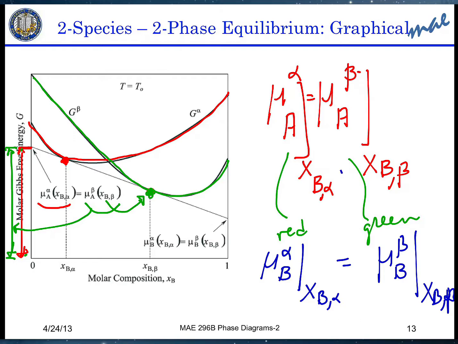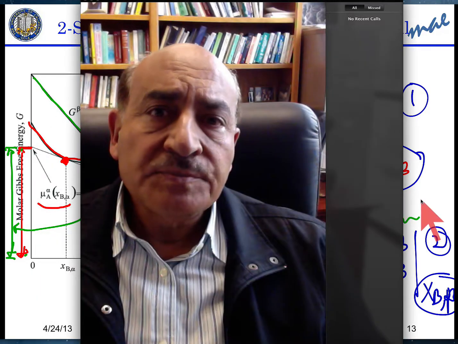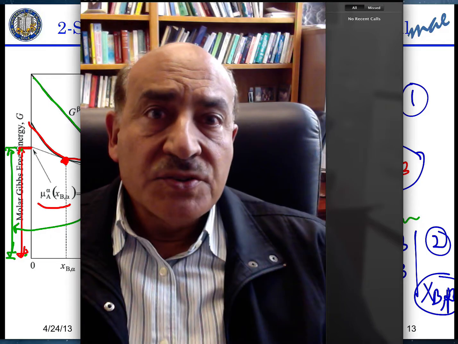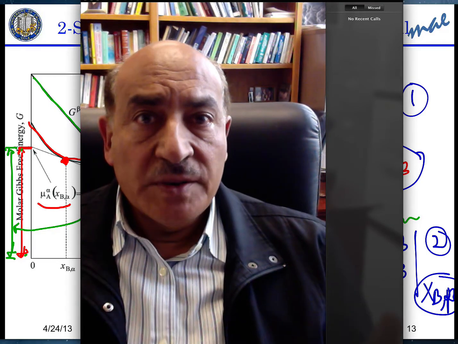So now what we're looking for is this number and this number. These are two unknowns, x_B in alpha and x_B in beta. So we have two equations, equation 1 and equation 2, and we solve them simultaneously, and the simultaneous solution of these two equations will essentially give us the values of the concentrations that will give us equilibrium.